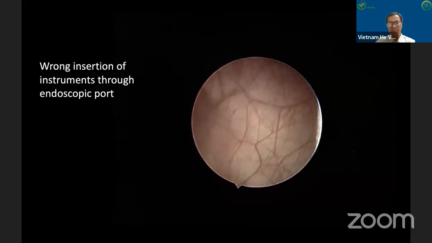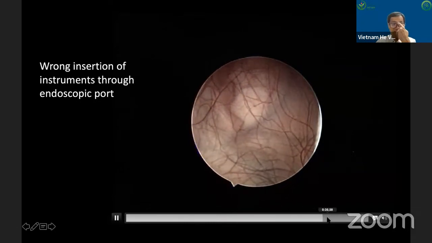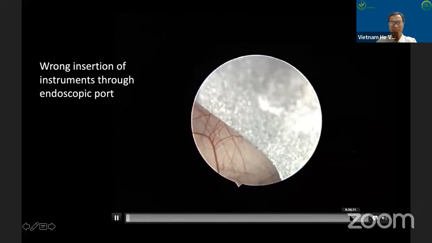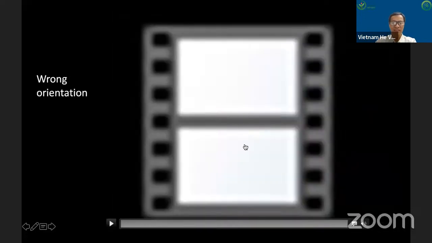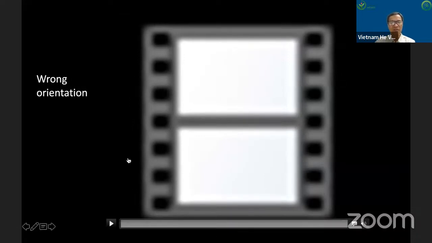You can see it. It is difficult to correct the insertion, right? We need to avoid that. That means we need to practice before going to the operating room.